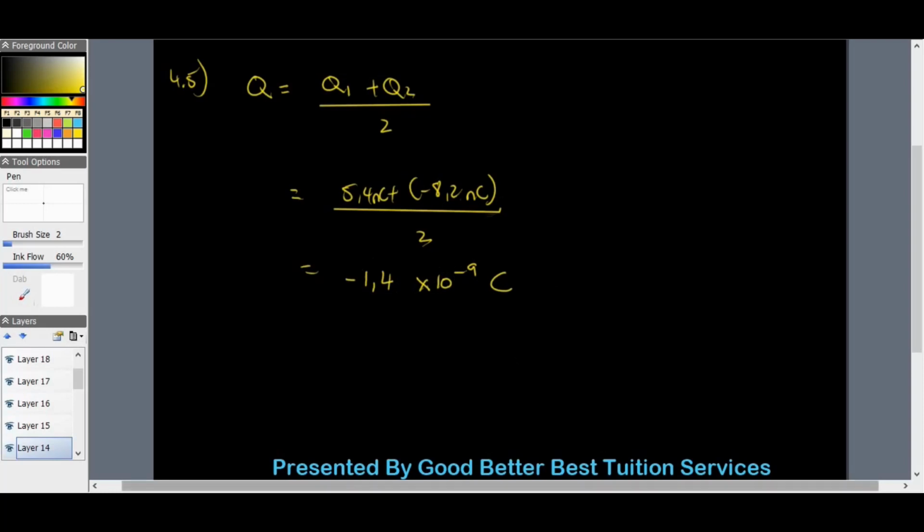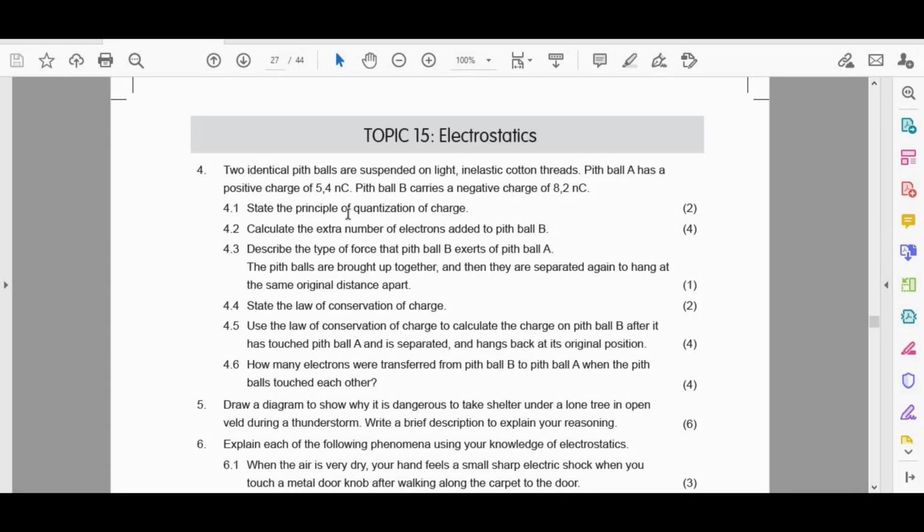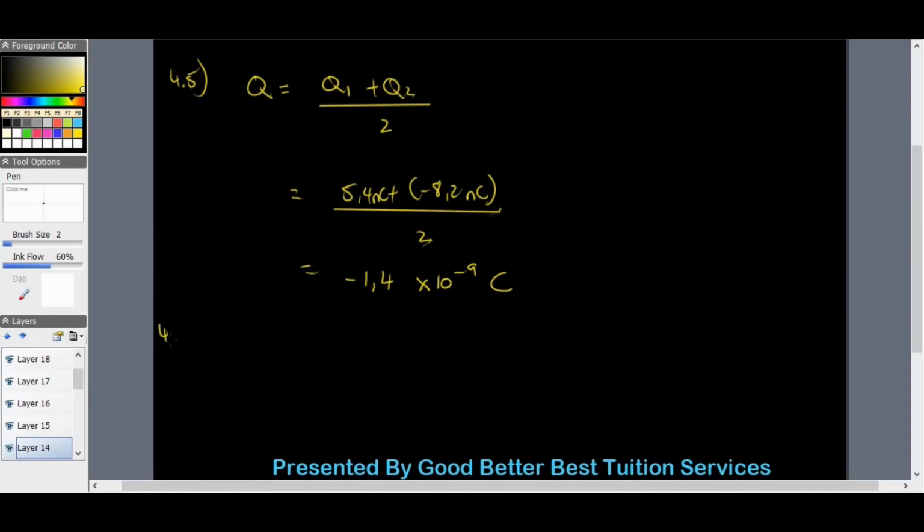And then in 4.6, how many electrons were transferred after they touched each other? For 4.6, we use the same formula as in 4.2. So negative 1,4 times 10 to the negative 9 is equal to n times negative 1,6 times 10 to the negative 19.